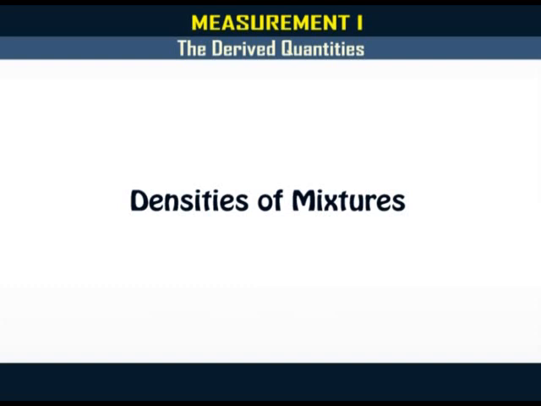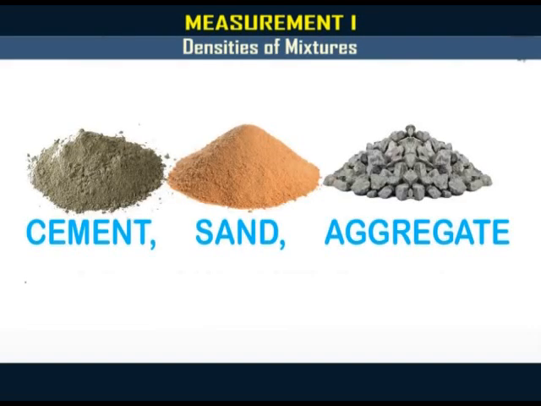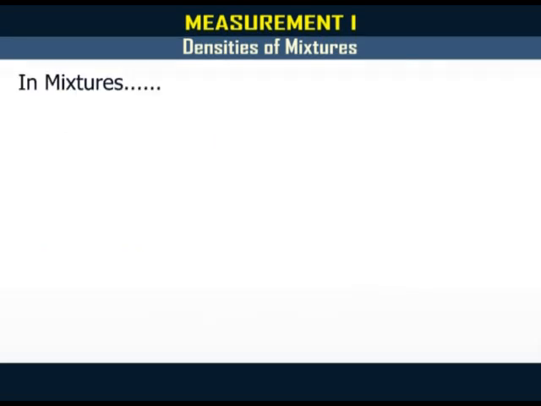Next, densities of mixtures. Now, when you put two or more substances together that do not react with each other, you get a mixture. For example, sand, cement, and ballast. Because each constituent of a mixture has a different density, then the mixture will have a new density. Here are facts about mixtures.